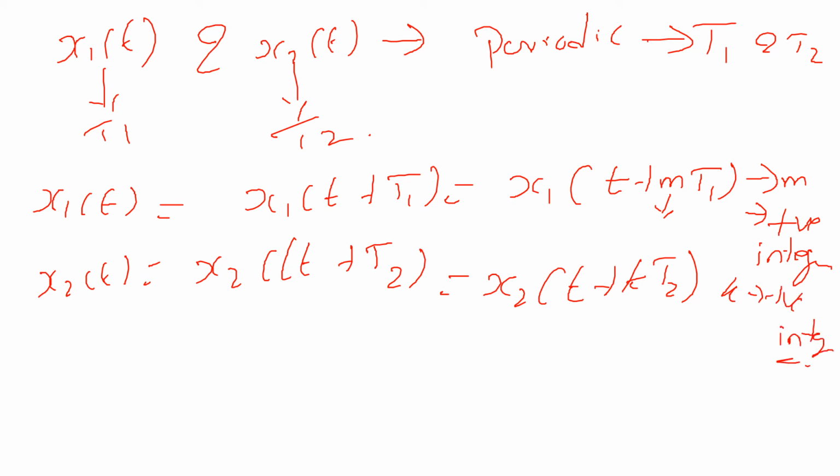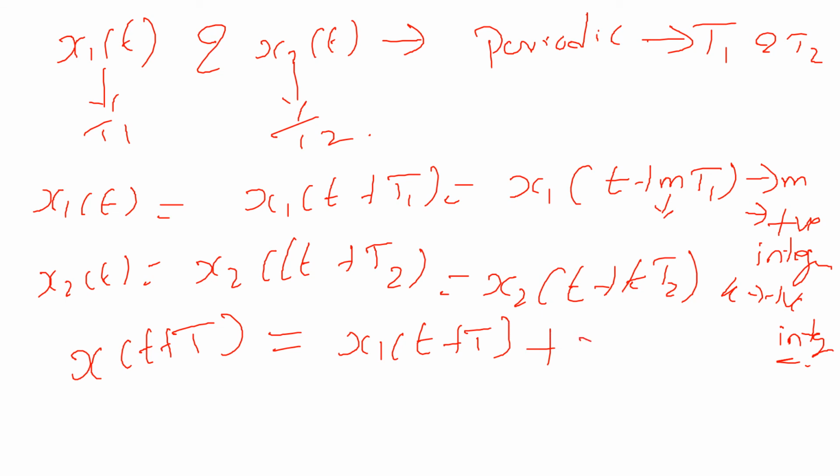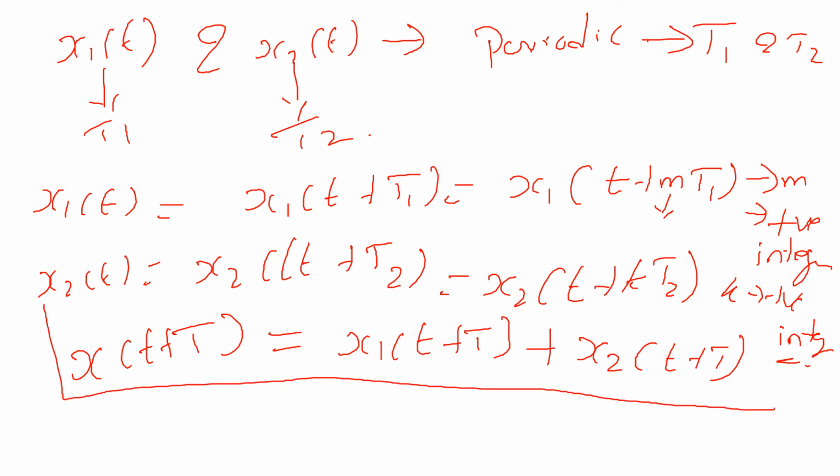So in order for x of t to be periodic with period T, we need this particular condition: x of t plus capital T is equal to x1 of t plus capital T plus x2 of t plus capital T. This is the condition for the sum signal to be periodic.